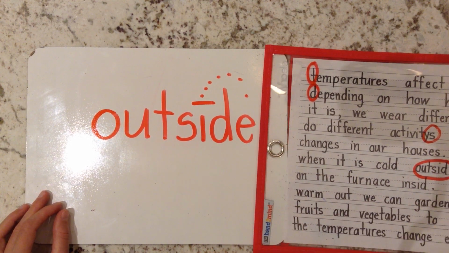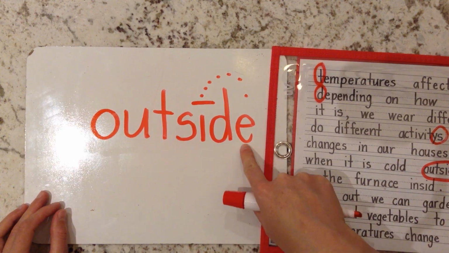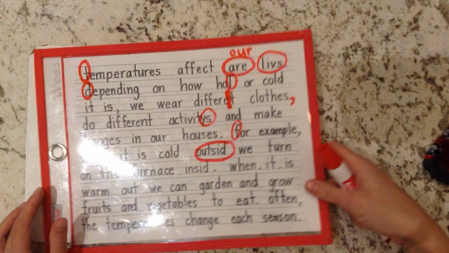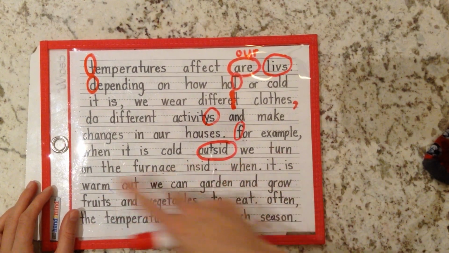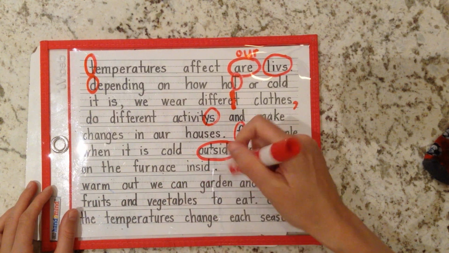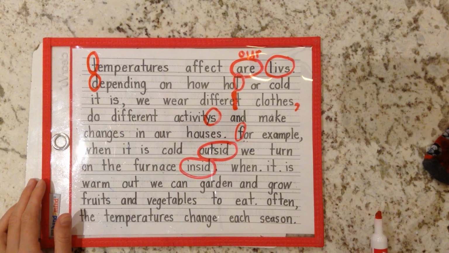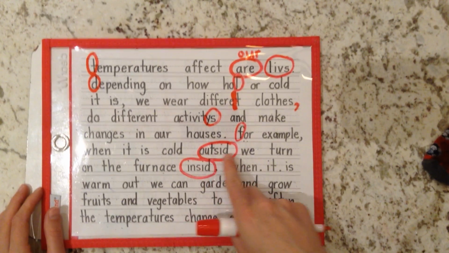Outside. Remember, you don't say "outsidey." The E is quiet. It's just there to cast magic and nothing else. For example, when it is cold outside, we turn on the furnace inside. Wait a second. Same mistake as with outside. Can you spot it? It says "insid," just like it said "outsid."